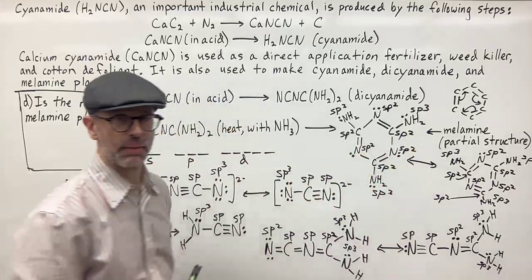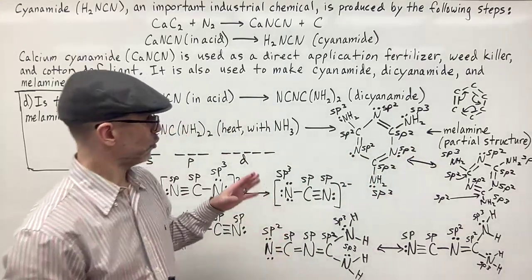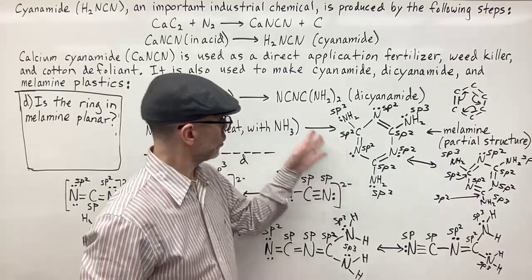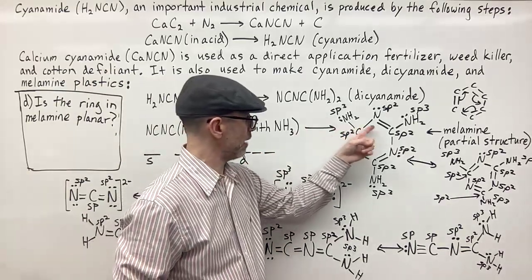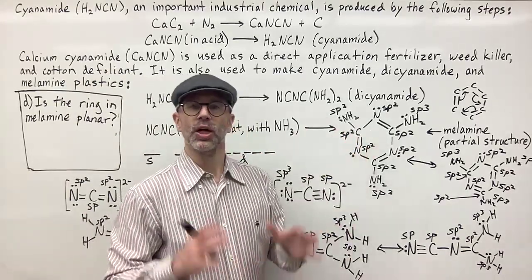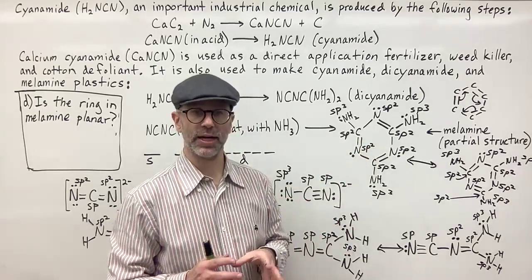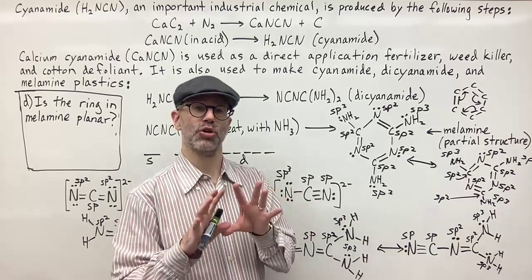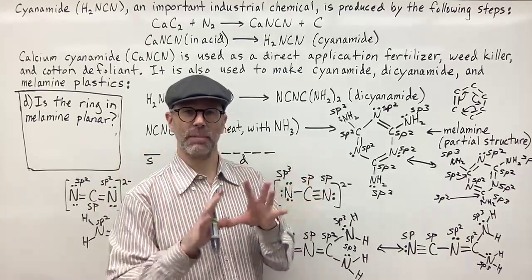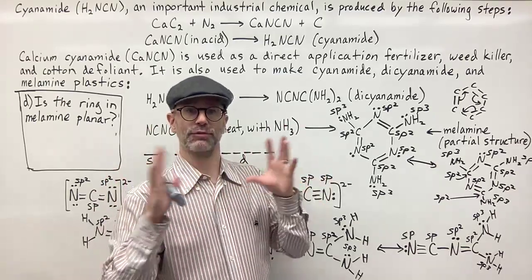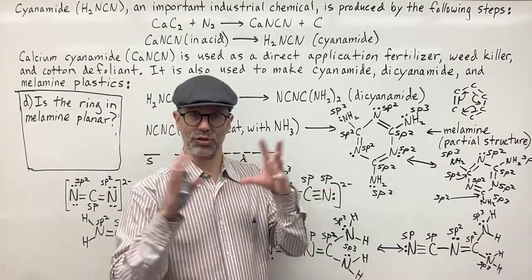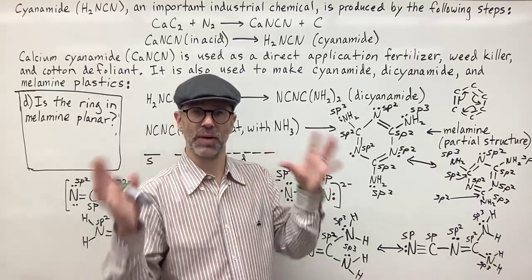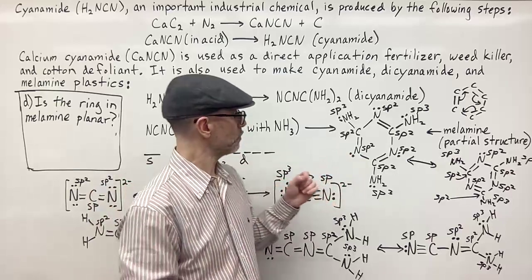sp2 hybridized. The reason it's sp2 hybridized is because you have 3 electron groups according to VSEPR theory, right? If you have a certain number of electron groups, they all want to spread out equally around the atom. They want to get as far apart as possible because the electrons are negative, and like charges repel.